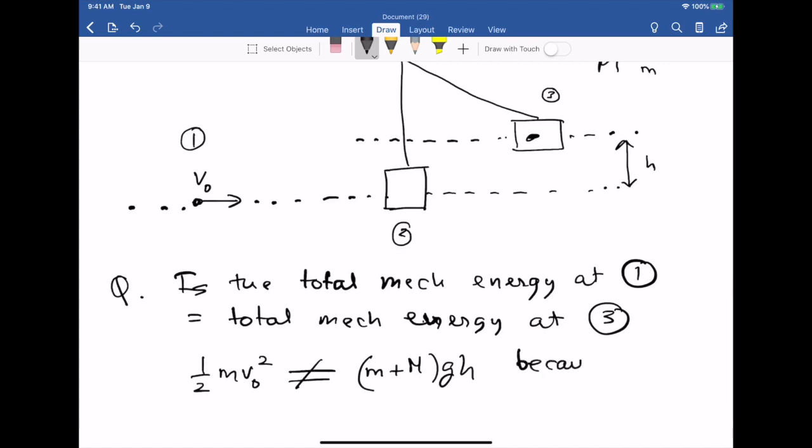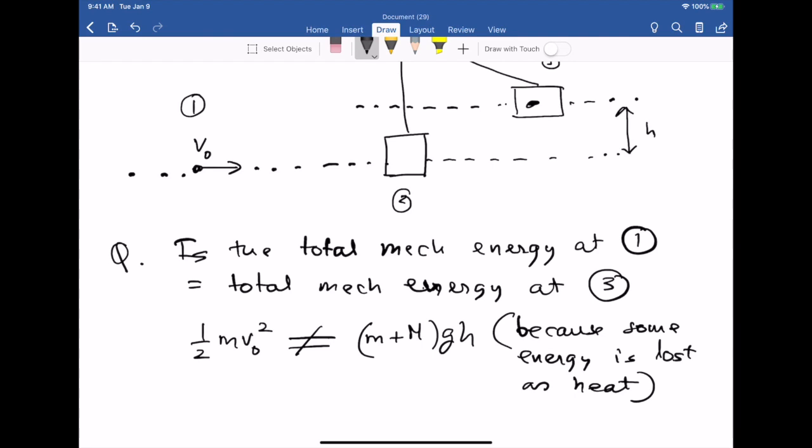Because some energy is lost as heat during the collision. It's a completely inelastic collision. So you might have at first thought that this would be one way of solving for initial velocity, v0, but it does not work.